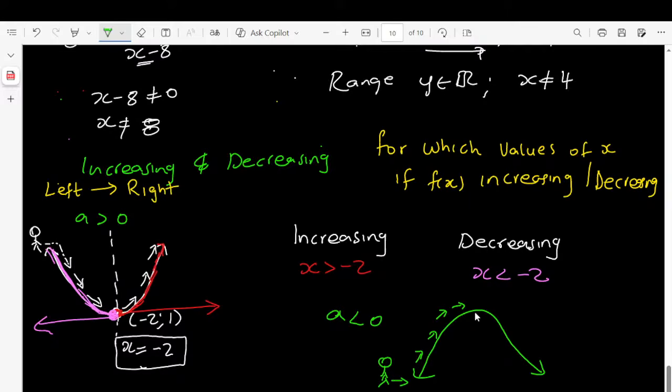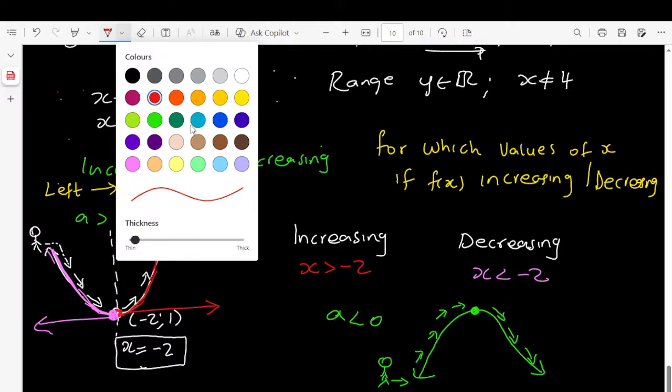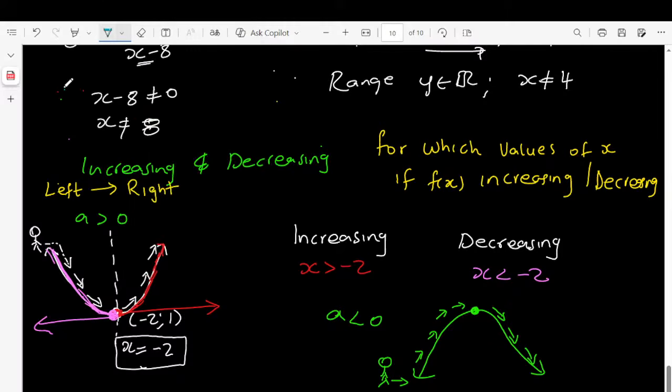You are going up until you reach that axis of symmetry. Then you'll start moving down. You start moving down. So this tells you that from this point here, it's where we change the concavity or whatever. This will be increasing and this will be decreasing.